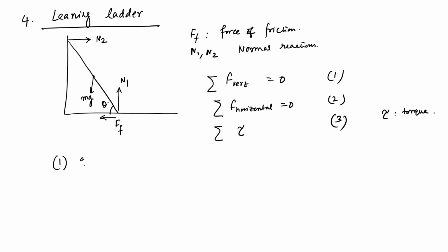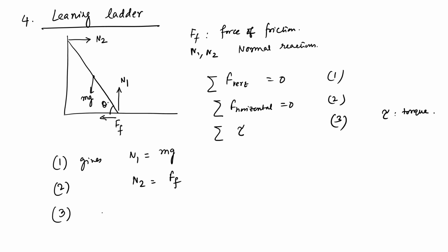So 1 gives N1 equal to mg. That is the only vertical forces acting, N1 upward and mg downward. 2 gives N2 equal to F. N2 is acting towards the right, and F, the force of friction, is acting towards the left. Okay. And what does 3 give?